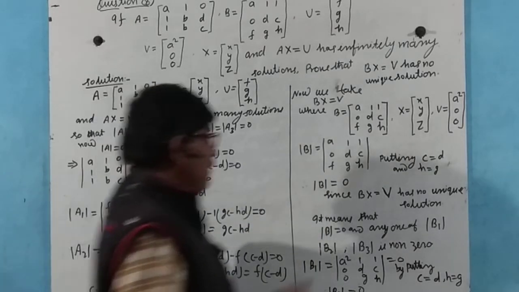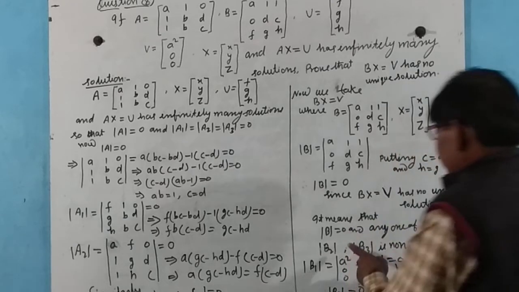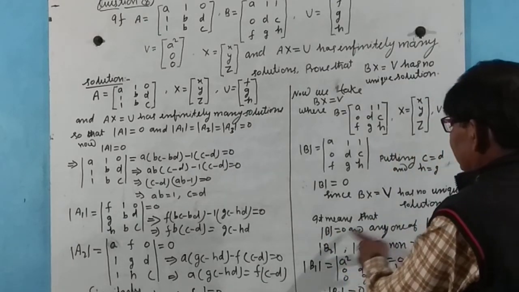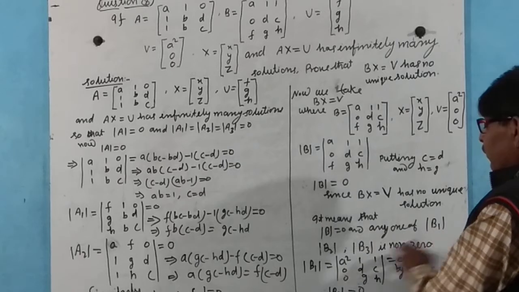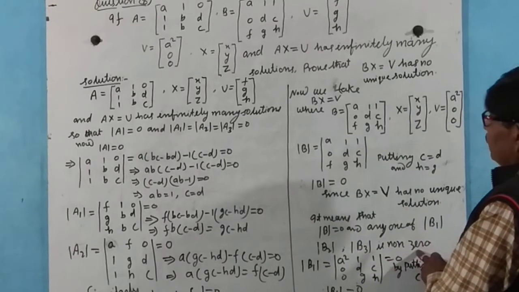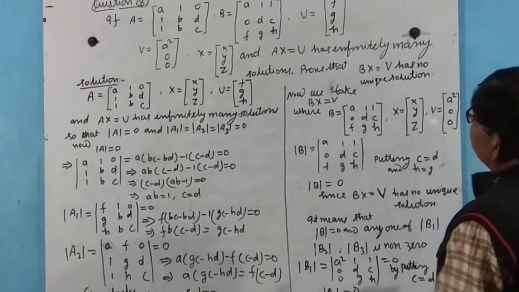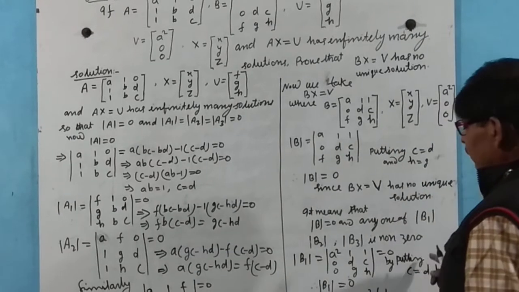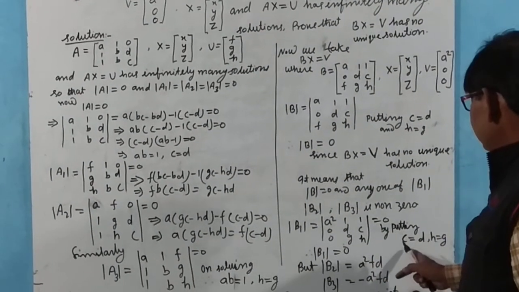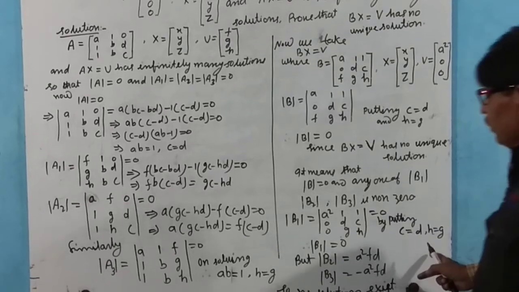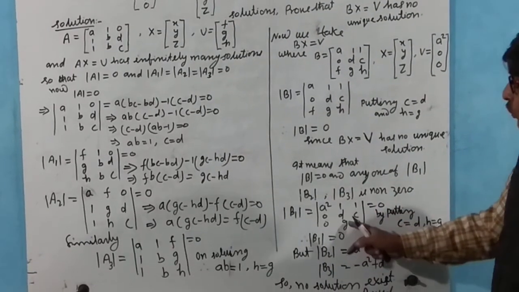It means that the determinant of B is equal to 0, and if any one of B1, B2, B3 is non-zero, then there are no solutions. So we calculate B1 by putting C equal to D, and this is equal to 0.